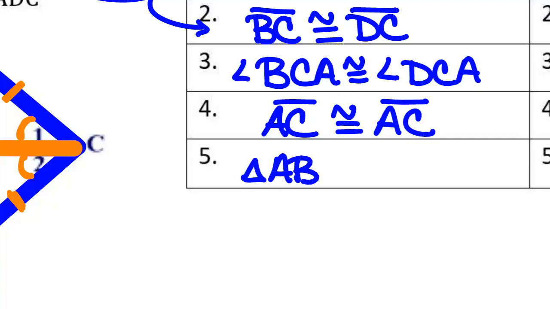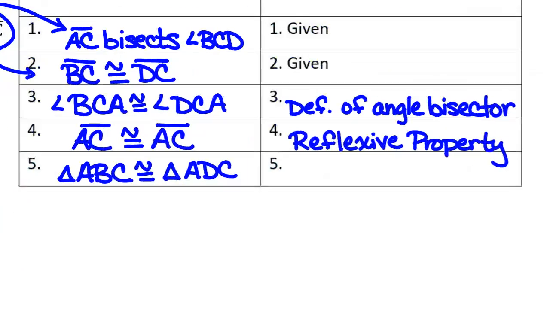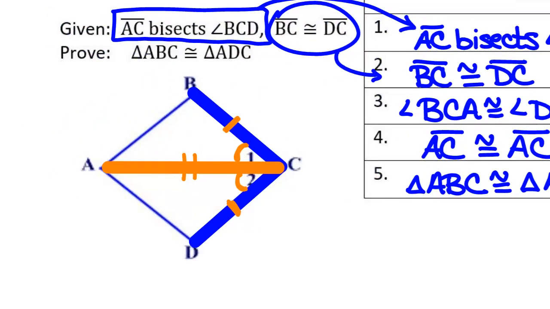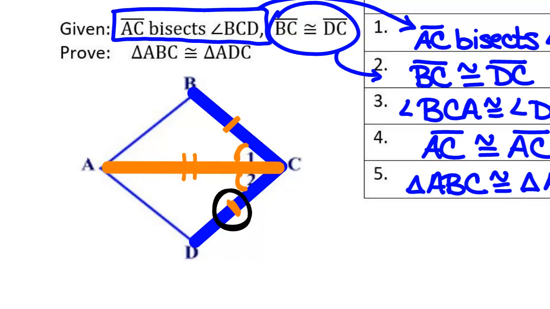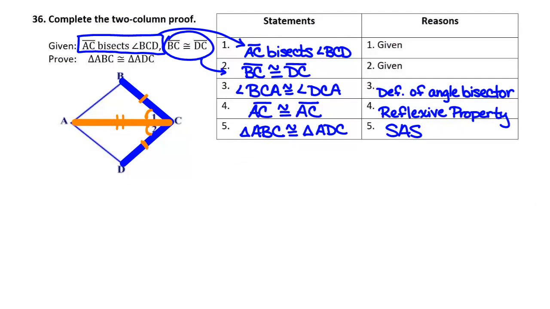Triangle ABC is congruent to triangle ADC by side angle side. Here's a side, and then an angle, and then a side. The angle is between those two sides, and then in my other triangle I have side, angle, side that are marked as congruent.